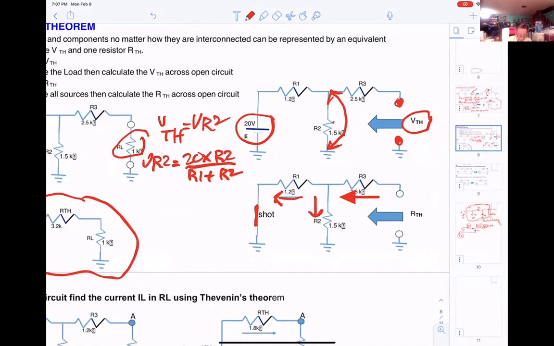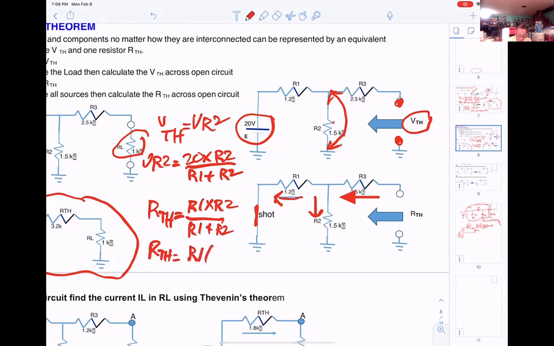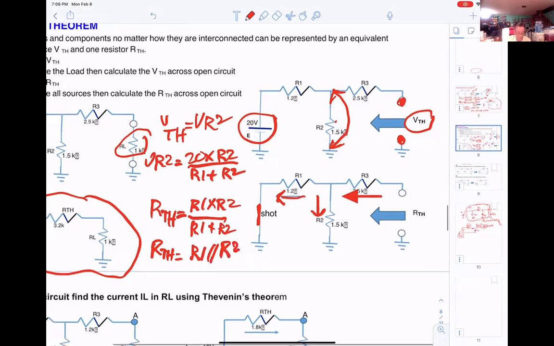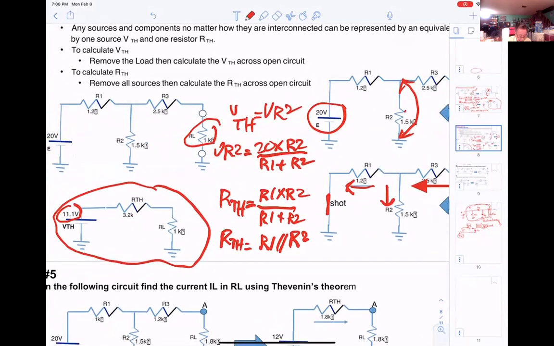So you can calculate RThevenin: R1 times R2 divided by R1 plus R2. RThevenin equals R1 parallel R2. So that's why you get RThevenin equal to 3.2K.